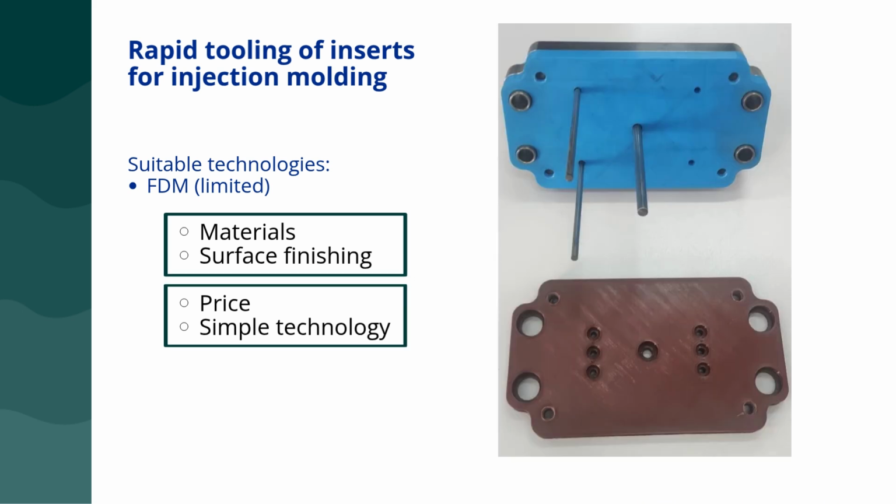FDM technology is not only limited to producing injection molding inserts. It can also be used to create various parts of dies or tools. On the right side of this slide, you can see a picture of an ejector plate that we produced using FDM technology and a cost-effective material called PLA. We utilized this ejector plate in the tool I presented on the previous slide.